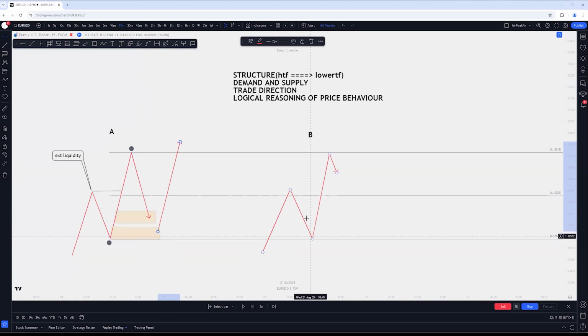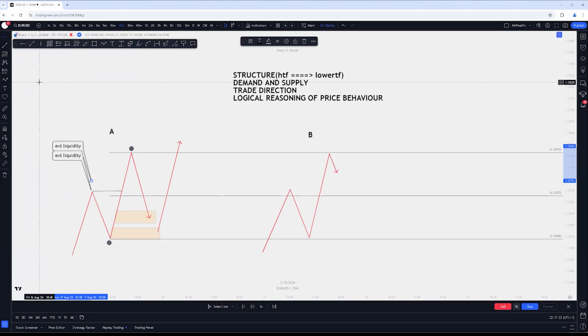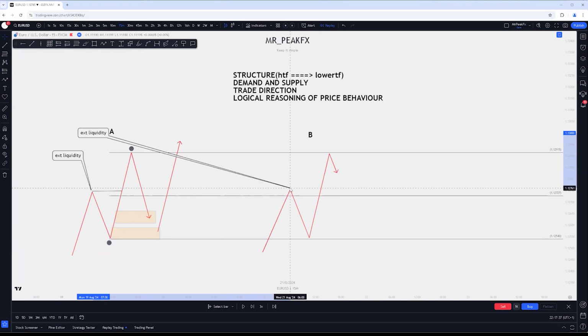Now, when I enter the chart and I meet price around this area, this is a similar diagram, right? But the difference is just the current position of price. So of course, this is an external liquidity that was taken, all right?